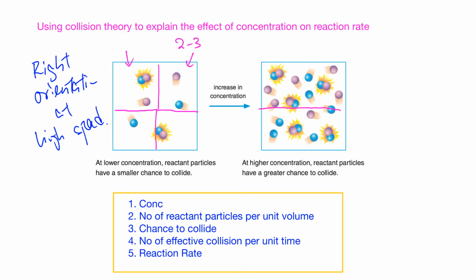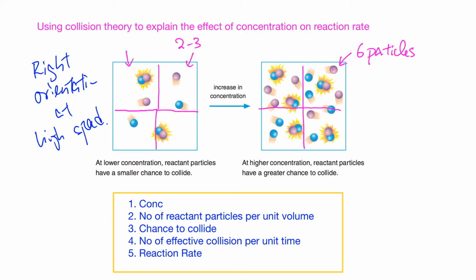But for this one, per unit volume, you can see that it will be up to 1, 2, 3, 4, 5, 6 particles here. So if in an area you have more particles, the collisions you're going to make will normally be higher. We have a higher chance to produce an effective collision.